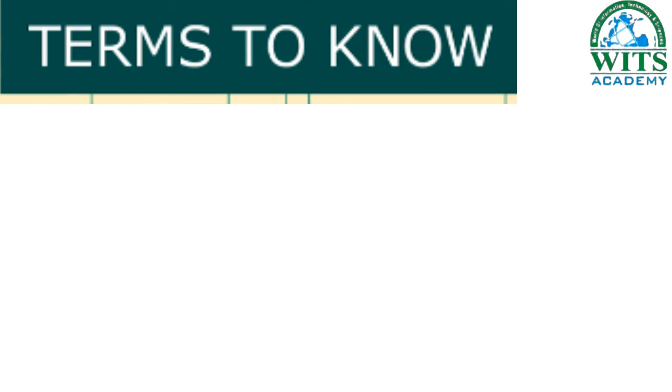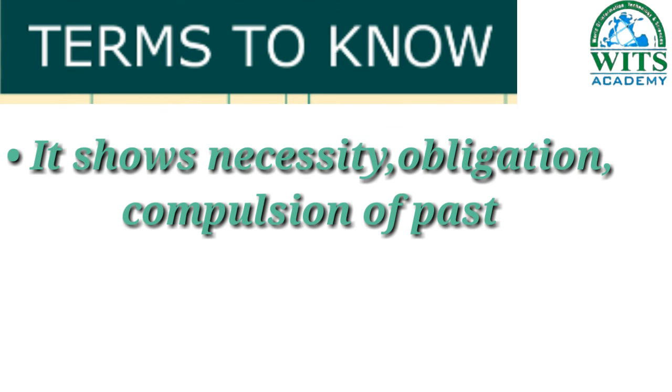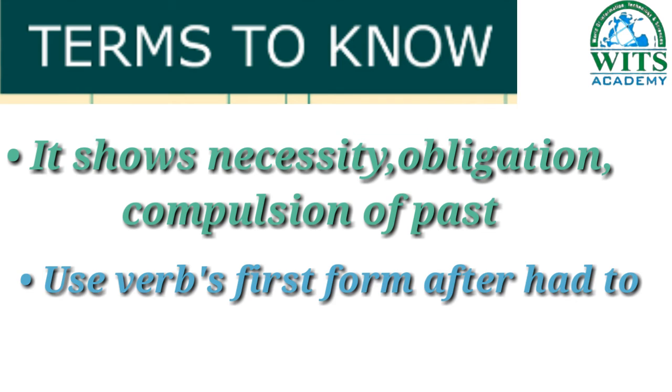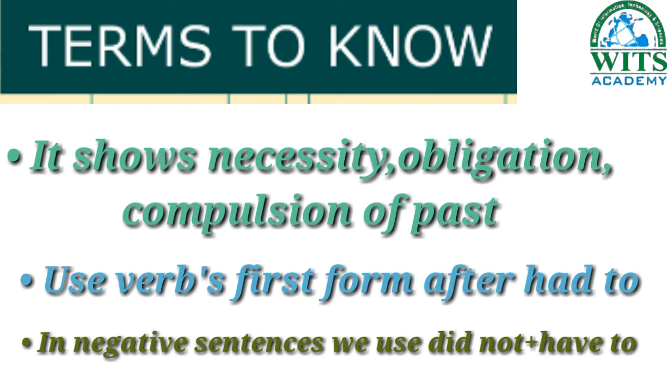Terms to know. Number 1, it shows some necessity, obligation, or compulsion of the past. Number 2, we use the verb's first form after had to. Number 3, in negative sentences, we use did not plus have to because did shows the past action. So had to changes to have to.